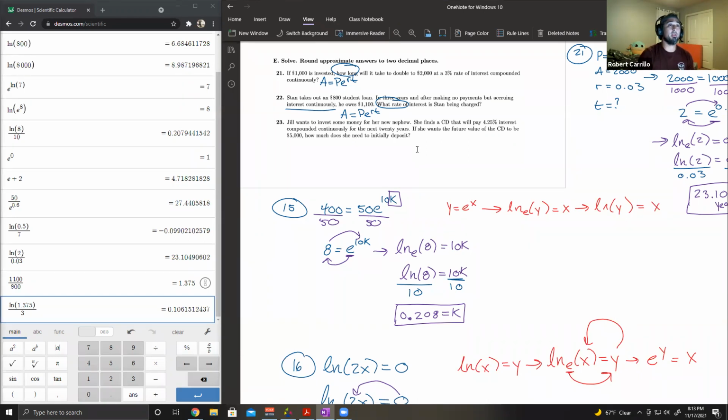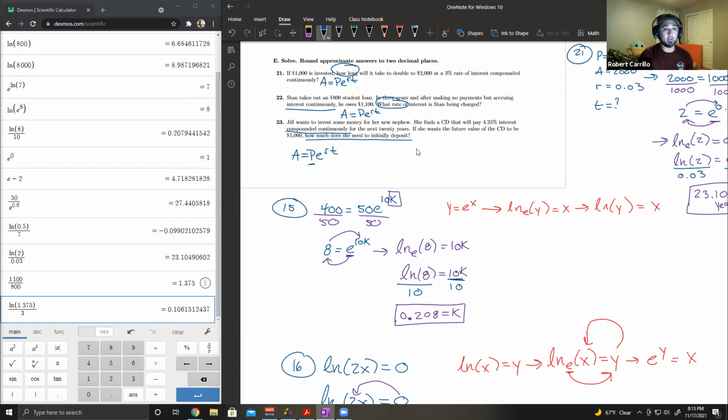So again, we get to use our best friend, PERT. We are compounding continuously. So this is going to use PERT. Okay, but this time we are solving for the beginning amount. How much does she need to initially deposit? So we're going to be looking for P.